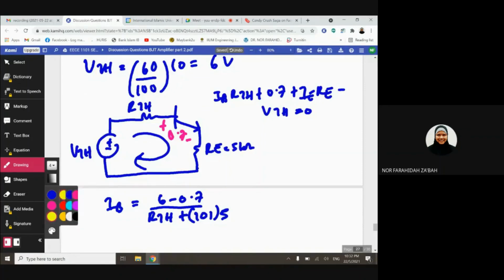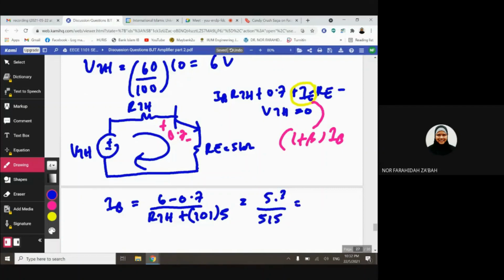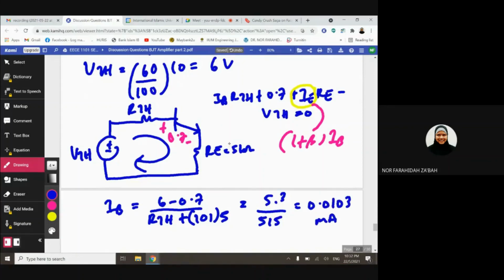So this one, we know the answer, right? Just multiply, IE is equivalent to 1 plus beta IB. Okay, so you should get 5.3 over 515, which is 0.0103 milliampere.